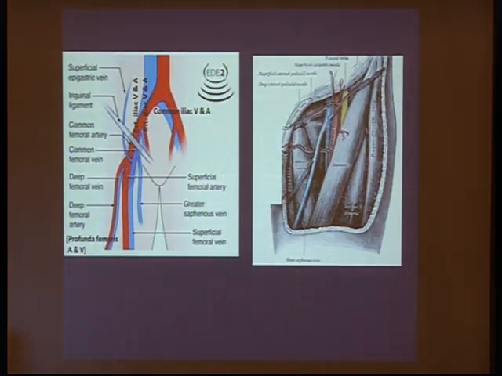A few words about the femoral vein, which is more difficult to cannulate with ultrasound guided technique. Perhaps one of the important points in femoral vein cannulation is that we are not fully aware of the anatomy of the femoral area.